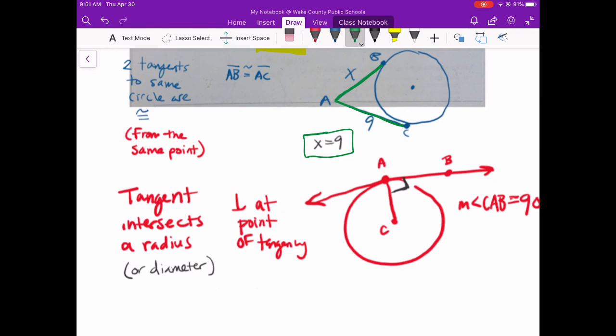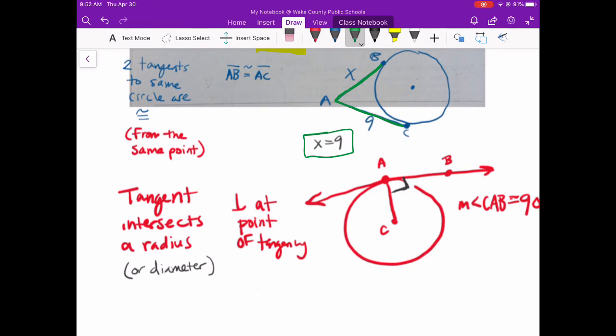The next scenario is a tangent intersecting a radius or some part of a radius. And remember that a diameter contains a radius. So if a tangent intersects a diameter or a radius or a part of a diameter, then it's going to create this relationship here. If a tangent intersects a radius, they are perpendicular, which means they form a right angle.